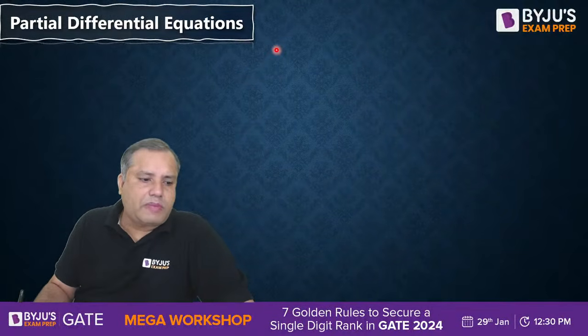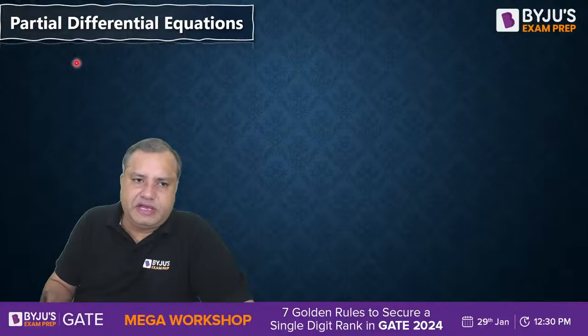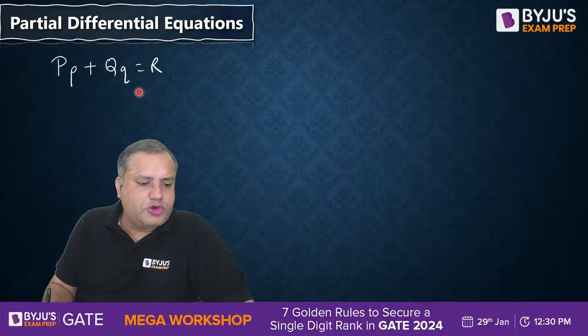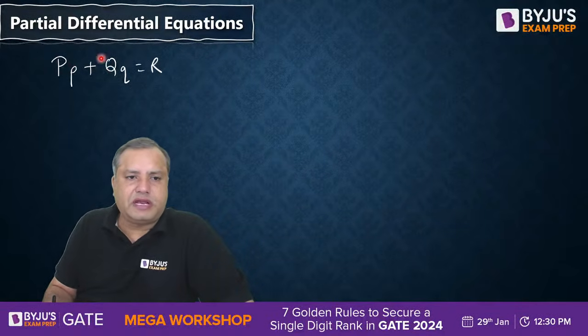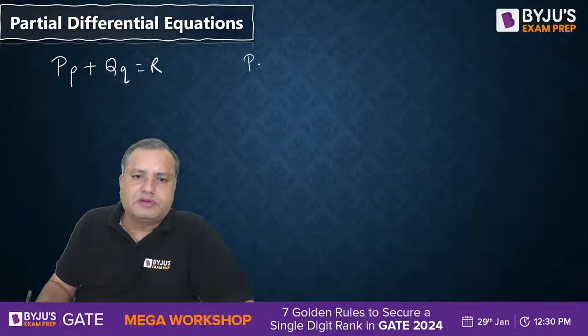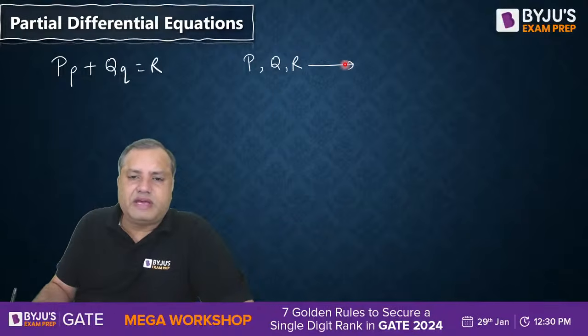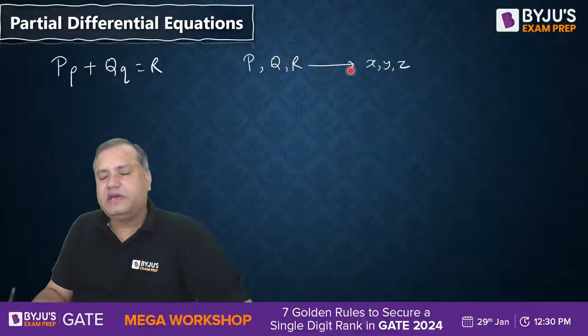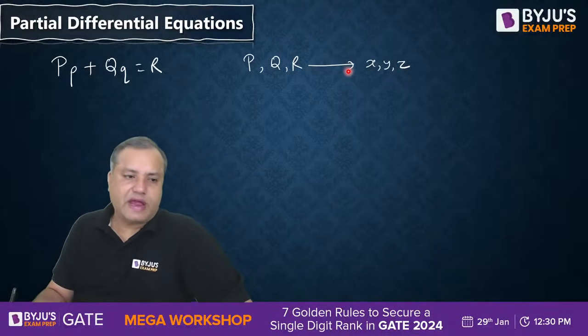Its format is capital P times p plus capital Q times q equal to capital R. Capital P, Q and R are functions of x, y and z.